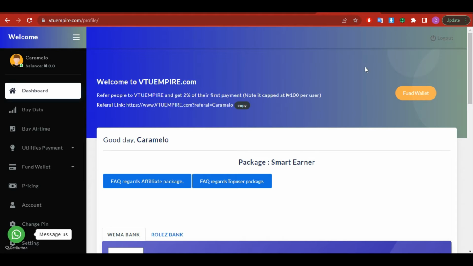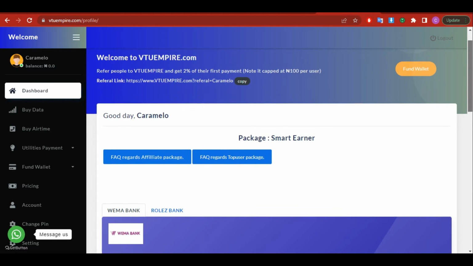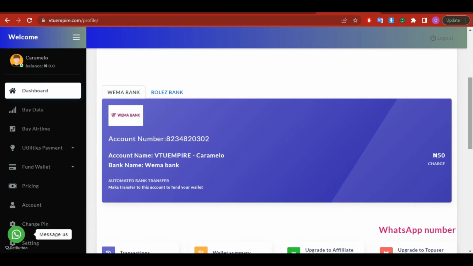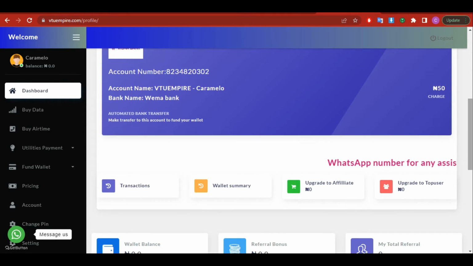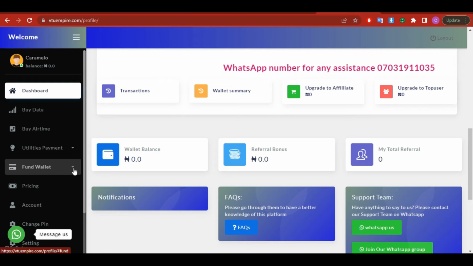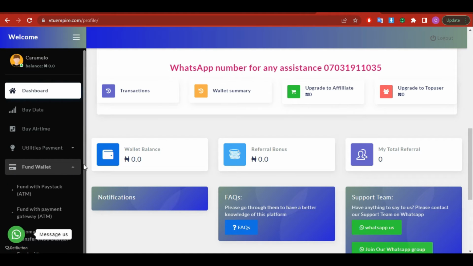So I don't have any money here. I'm just walking you through the process with a new account so that you can see how it actually works. All right, so after signing in, all you need to do is to fund your wallet. So it's easy as ABCD.